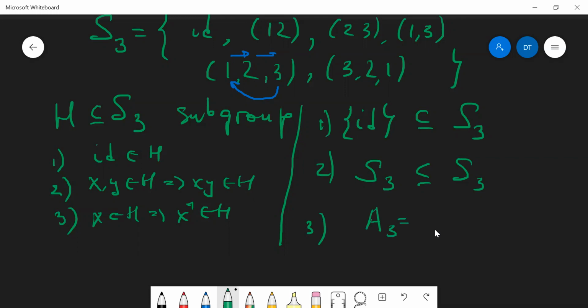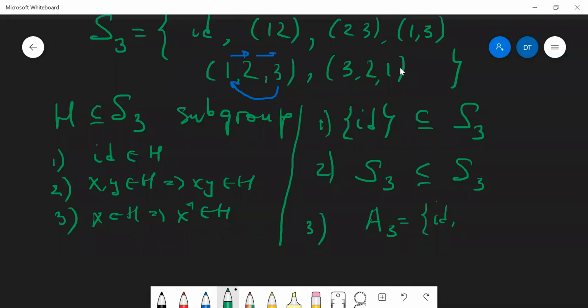And what are the even permutations? Well, it's actually ID. Tell me, the transposition (1 2), is it even or odd? Odd, so it's not even. (2 3) is also odd, and (1 3) is also odd.